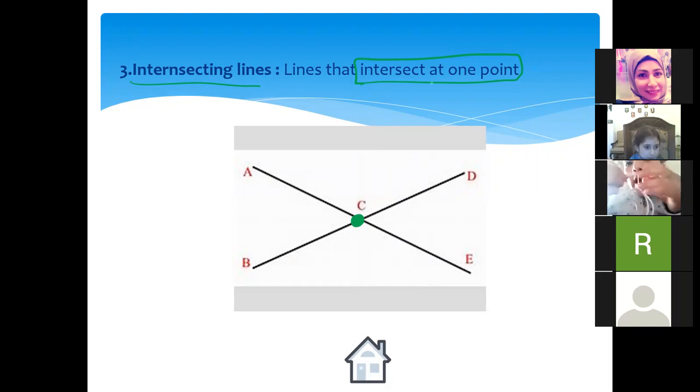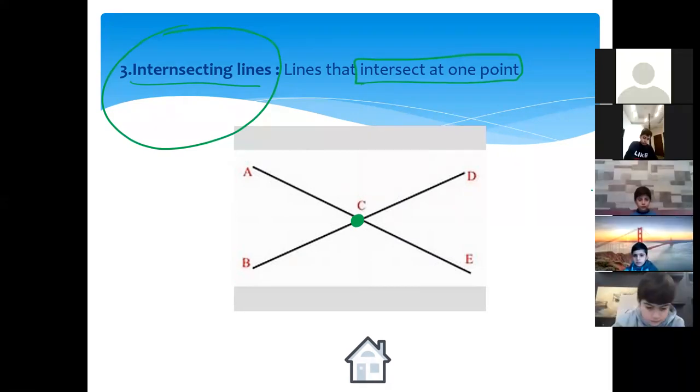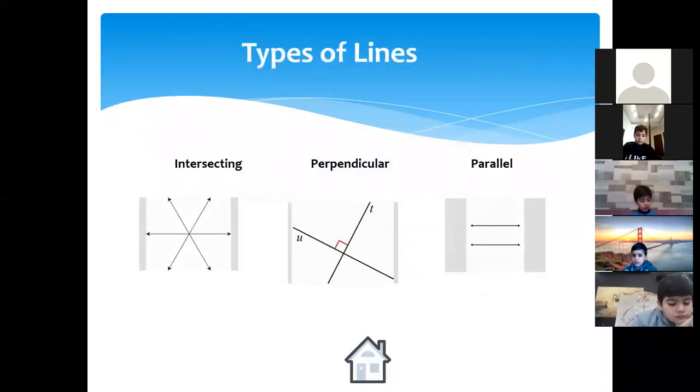Intersect at a point, so we call them what? Intersecting lines. Bravo. Lines that intersect at one point. Bravo, Leia.